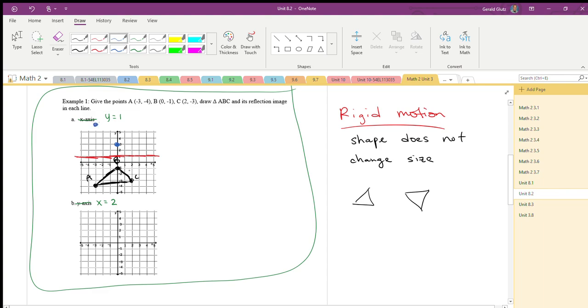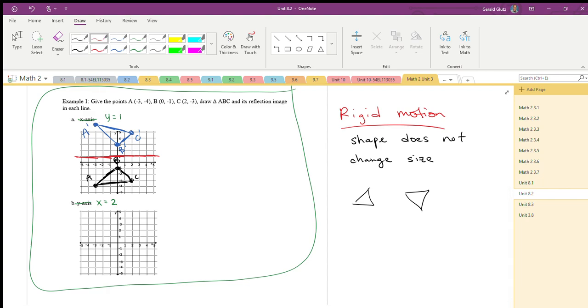C is 1, 2, 3, 4, so I go 4 above. So that's how you reflect. So A prime, B prime, and C prime. So the prime just means we have done some type of transformation.